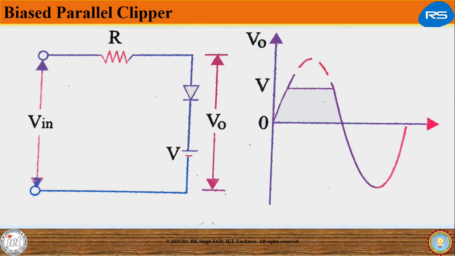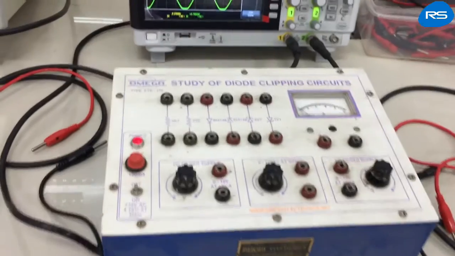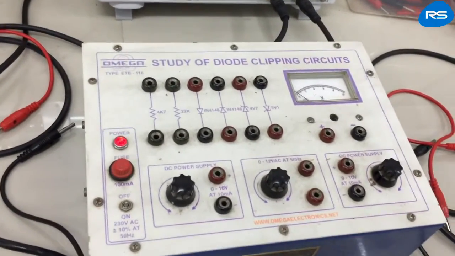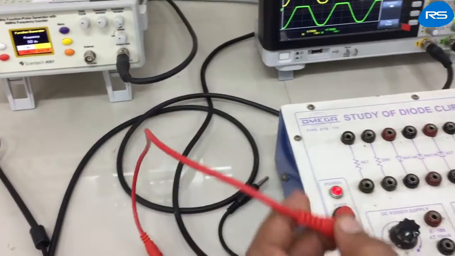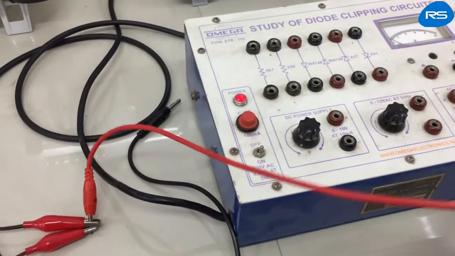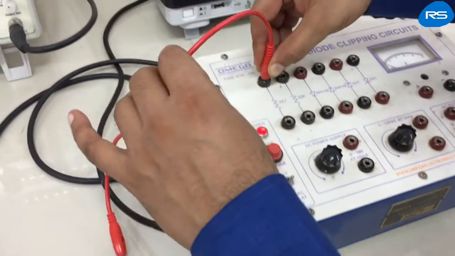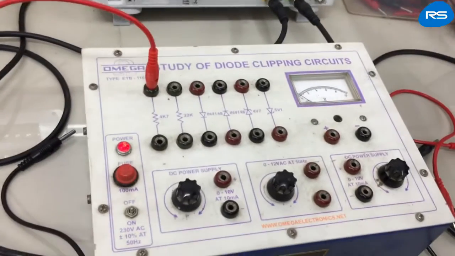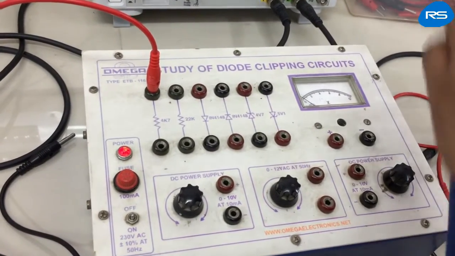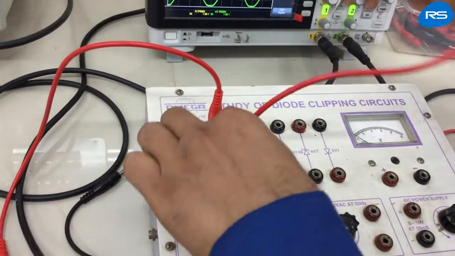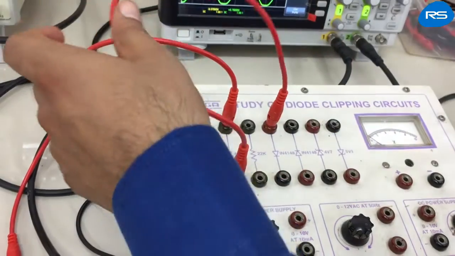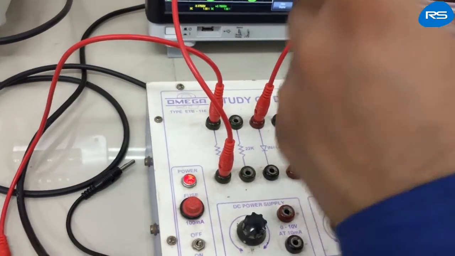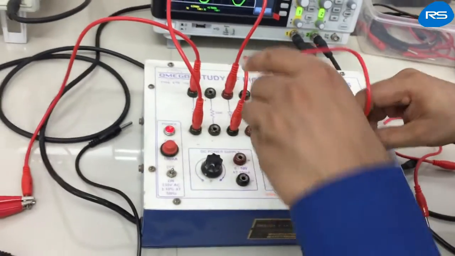Now we'll make the circuit connection as per this circuit diagram. So basically we'll connect this AC supply with one end of the resistor, and the other end of the resistor is connected with the anode of the diode. Cathode of the diode is connected with the positive DC supply.